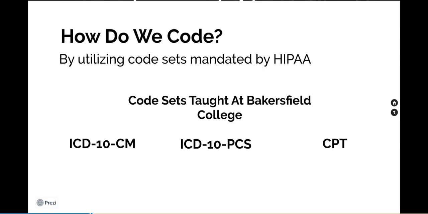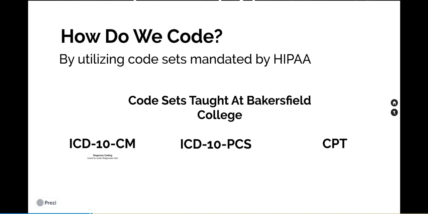ICD-10-PCS stands for the International Classification of Diseases, the 10th revision, procedure coding system. And then we have CPT, which is current procedural terminology. And yes, as students, you need to know the full names of these code sets, okay?